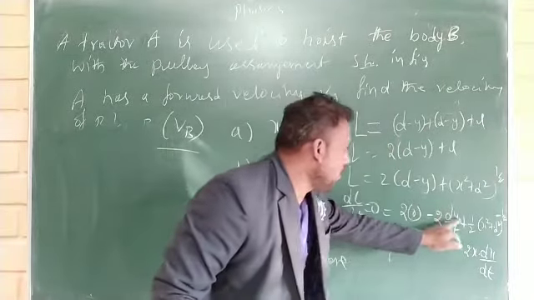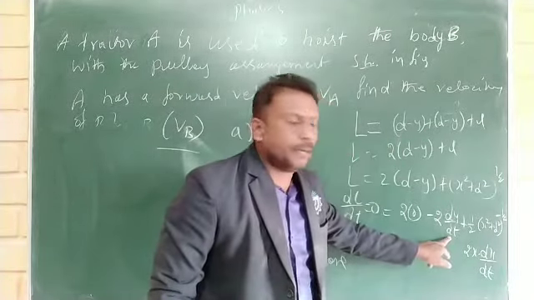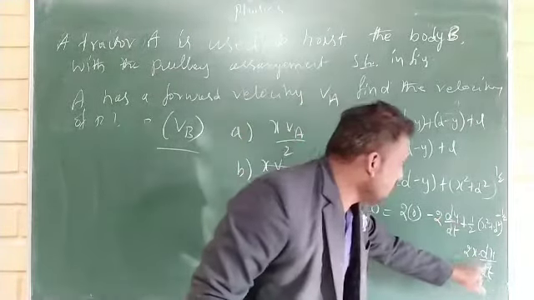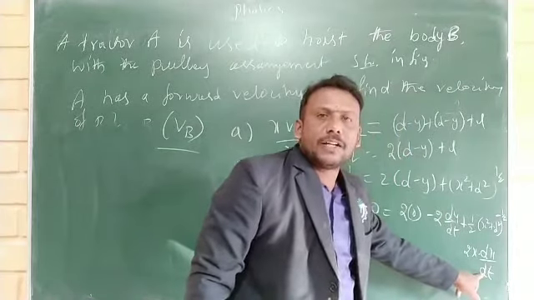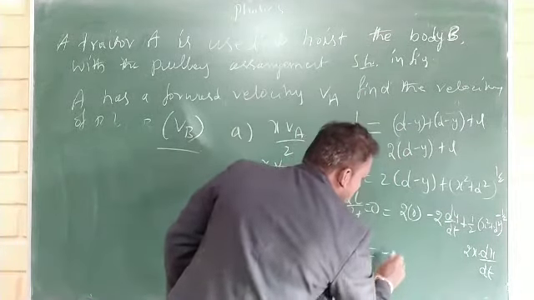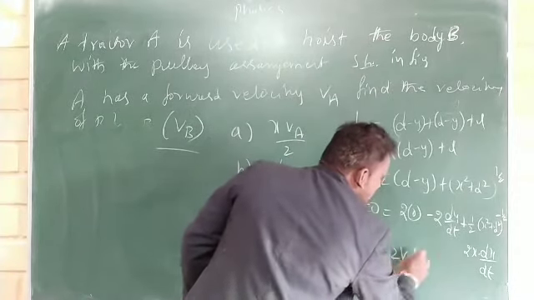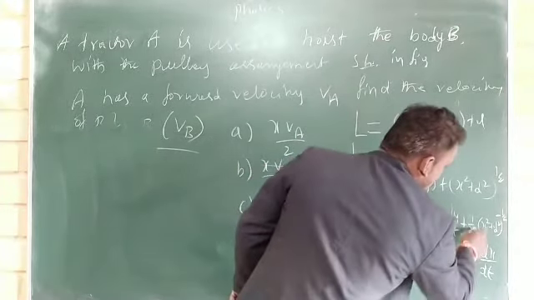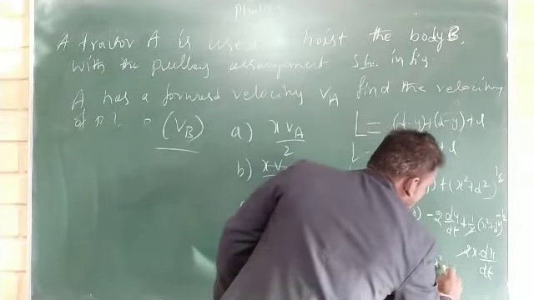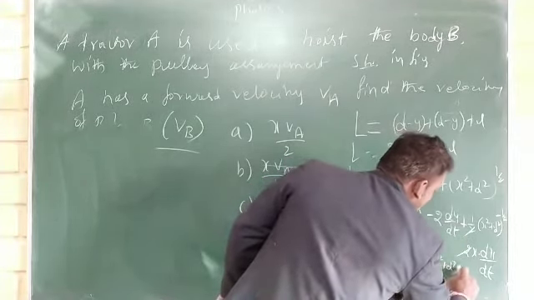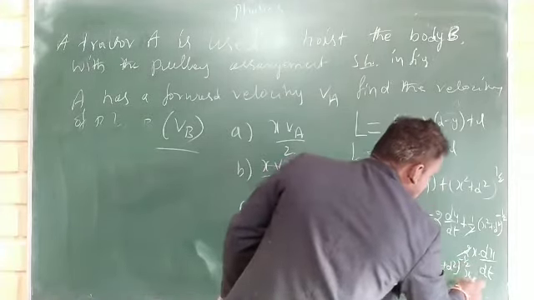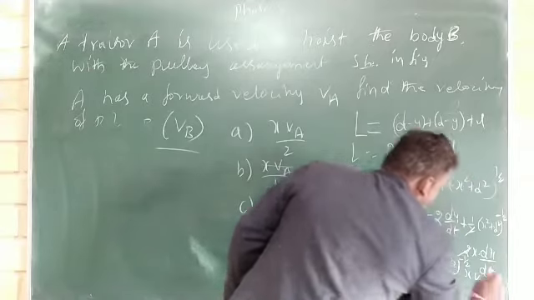Here dy by dt is the velocity of body B and dx by dt is the velocity of the tractor. Therefore 0 is equal to minus 2 v_B plus 2 cancels, x into x square plus d square whole to the power of minus 1 by 2 into x into v_A.